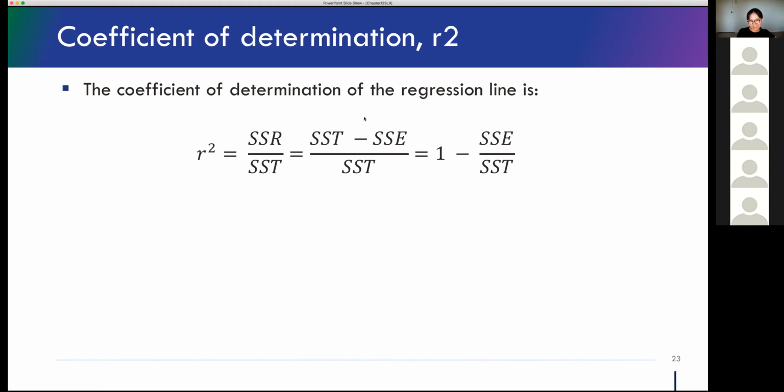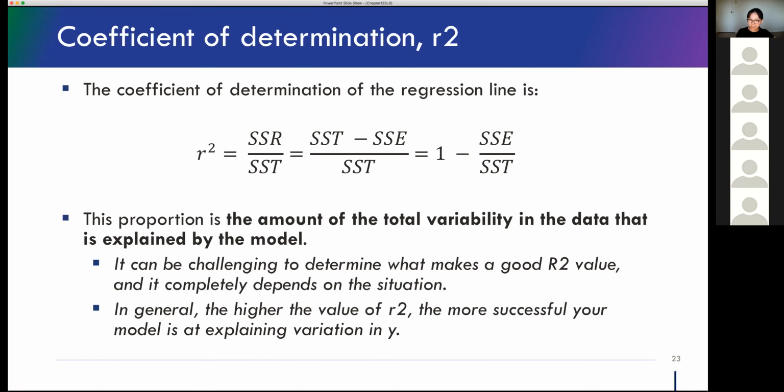So plugging it in and rewriting SSR, we get 1 minus SSE divided by SST. This is really confusing, isn't it? It's just those names, they are hard to call. They're so similar.